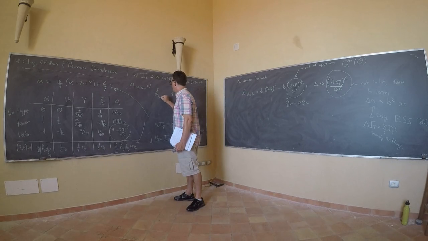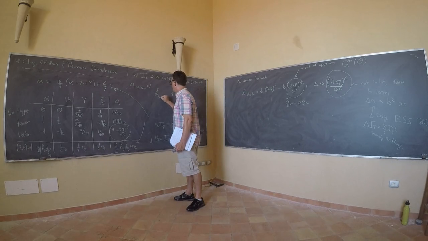And that looks bad for A counting the number of degrees of freedom, because you want A to be positive. But there's an extra contribution to A that comes from this Green-Schwarz-West-Sagnotti mechanism that we use for anomaly matching.